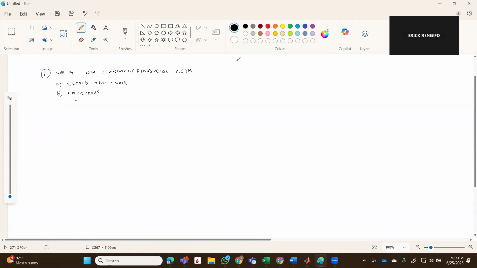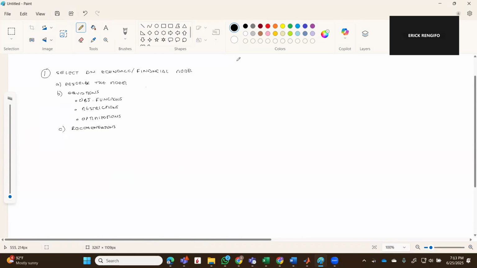Okay, when I say equations, I want to see objective functions. I want to see restrictions. I want to see optimizations. Okay? And basically, I want to see some recommendations. This is a written part.